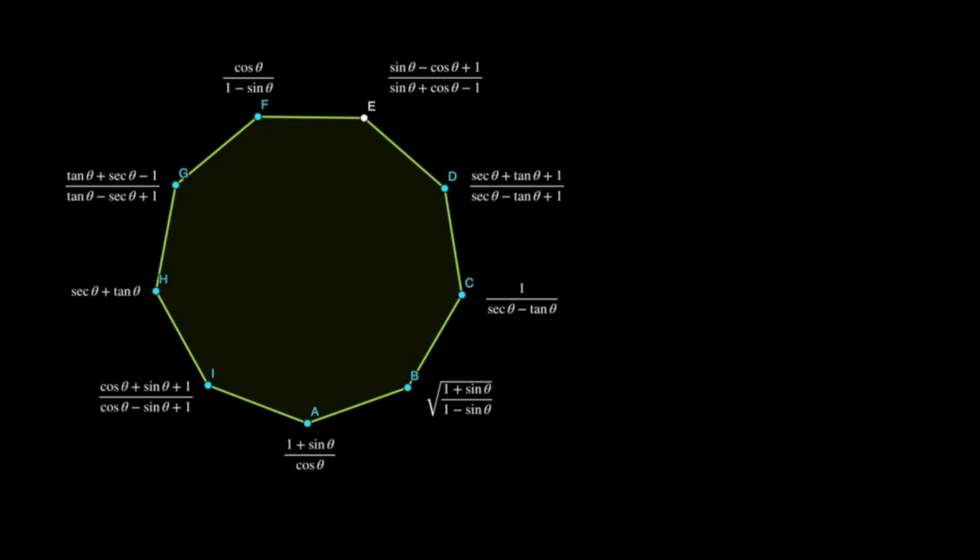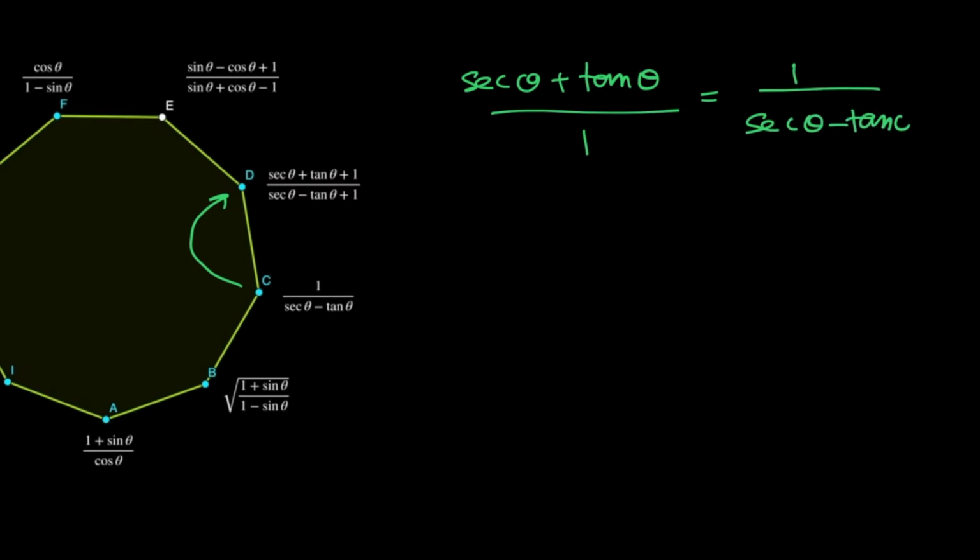Next, let us see how we can go from, say, C to D. So we have already seen that sec theta plus tan theta by 1 and 1 by sec theta minus tan theta are equal.